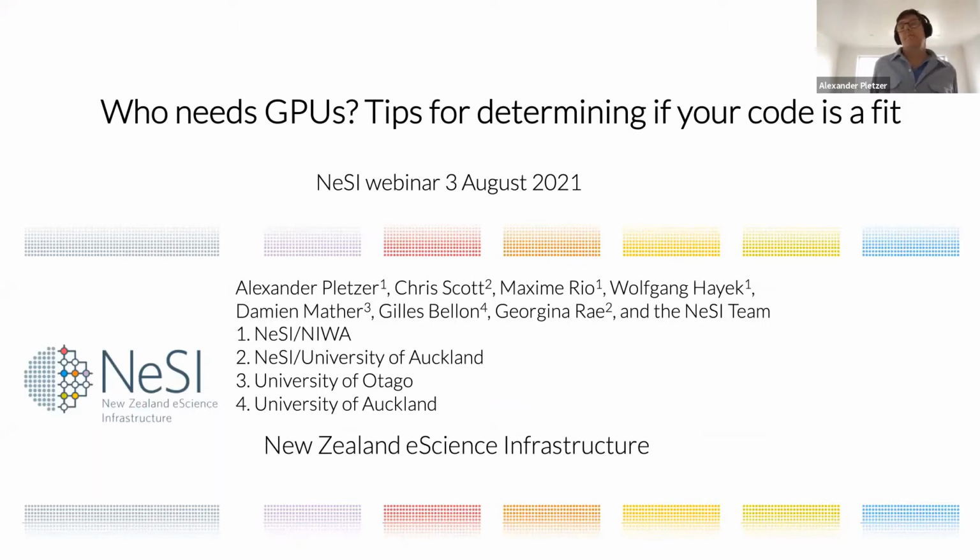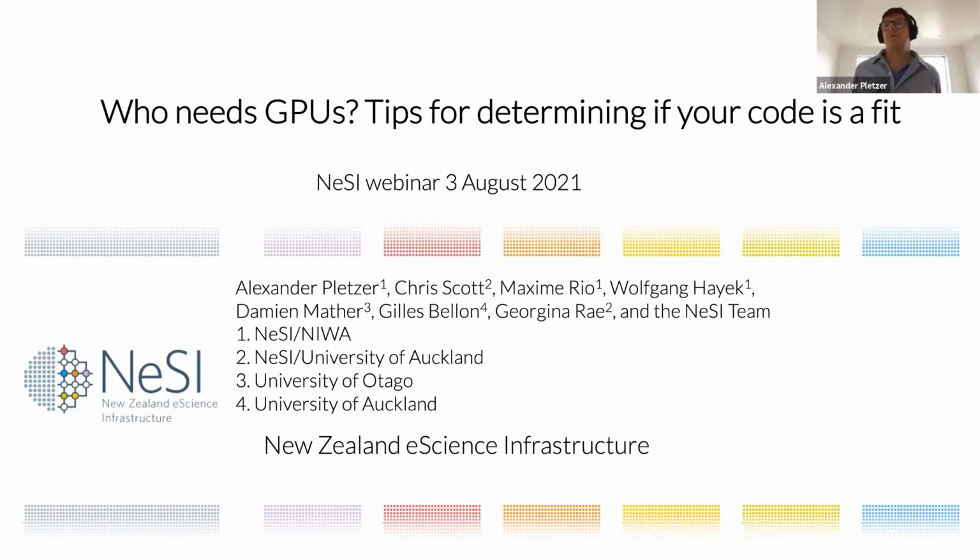Involved in that effort, there are different people. One is Chris Scott, with whom I'm working very closely on a particular project. Maxime Rio is a data scientist who has provided some of the slides, as well as Wolfgang Hayek, who's working at NeSI. We also work with researchers.